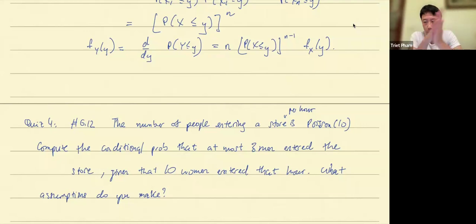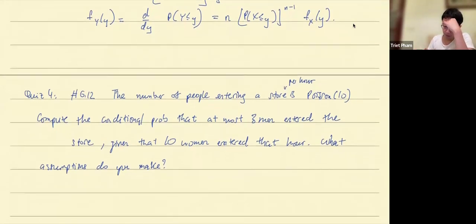So how do we start with this kind of question? Well, we start by modeling, or we start with writing down the symbolic model for what we're given and what's being asked.